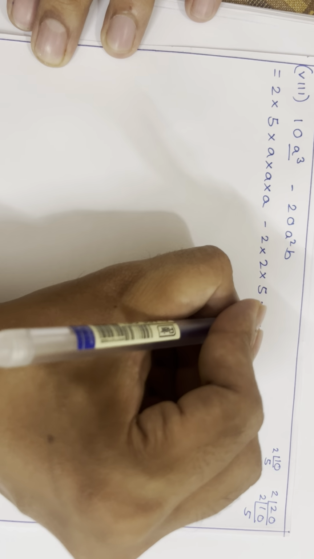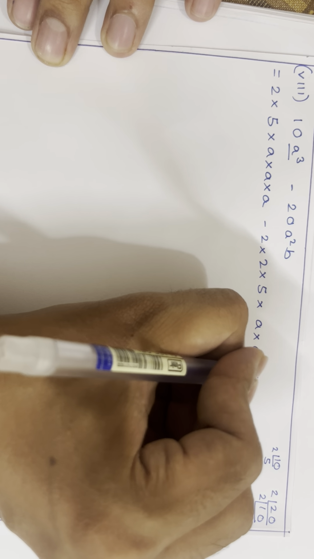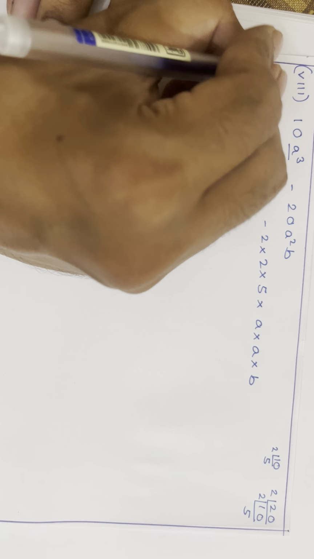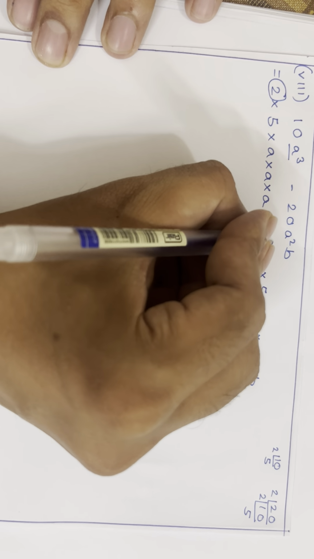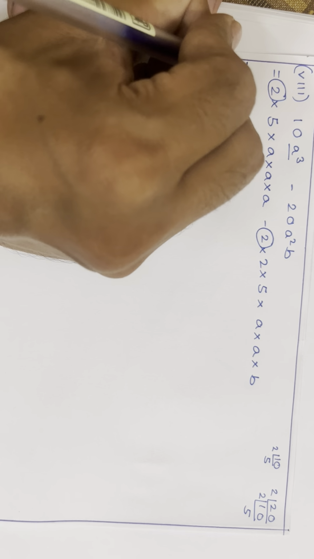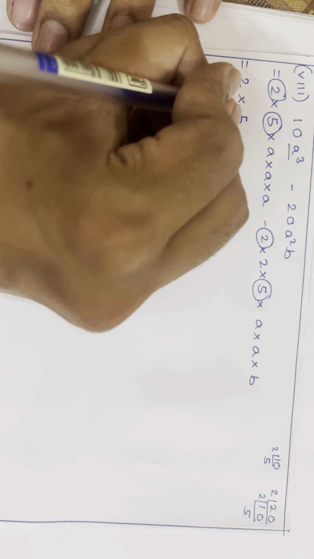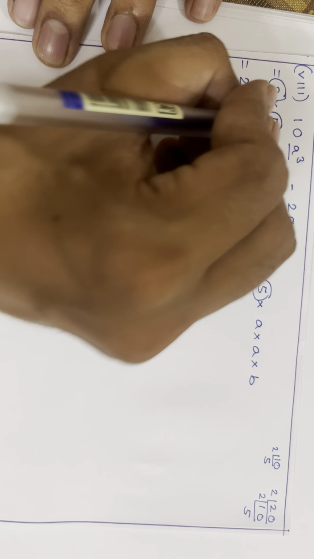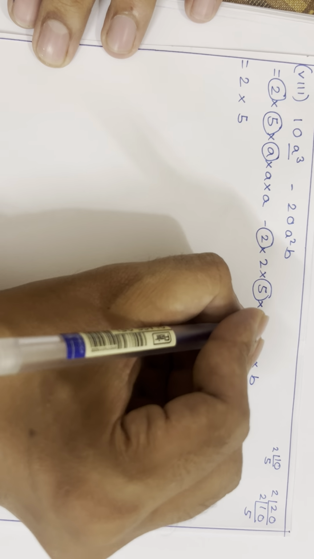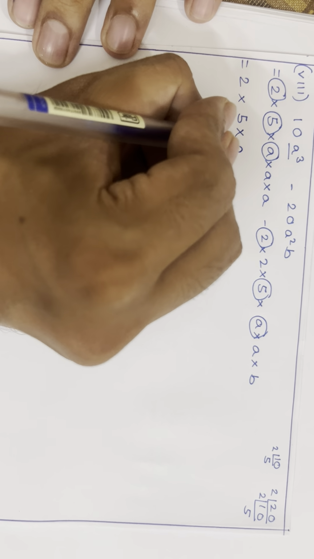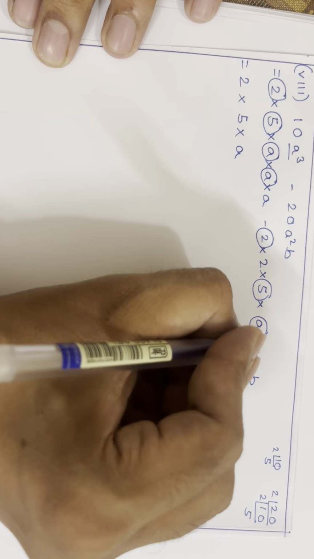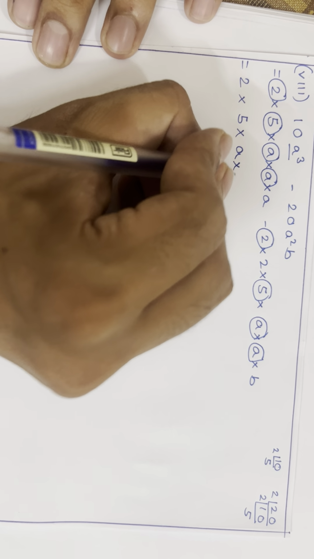A square, I will write a into a into b. So 2 is in the first term also, 2 is in the second term. So I will write 2 into 5 in the first term also, second term also, 2 into 5. What else will be common? A is here also, a is here also. So I will write 1a. Again one a is here also, a is here also. So you write 1a.